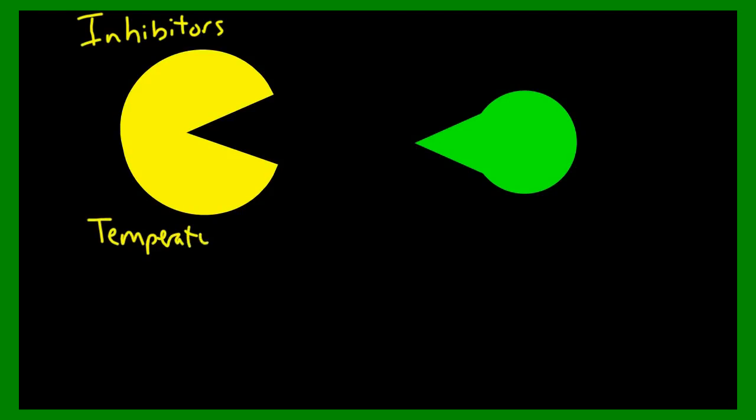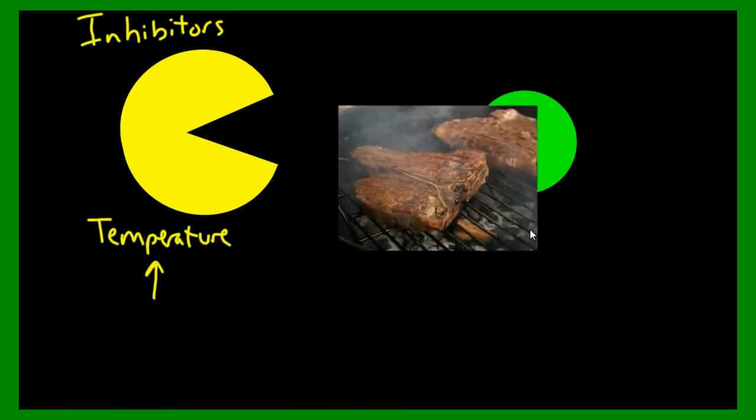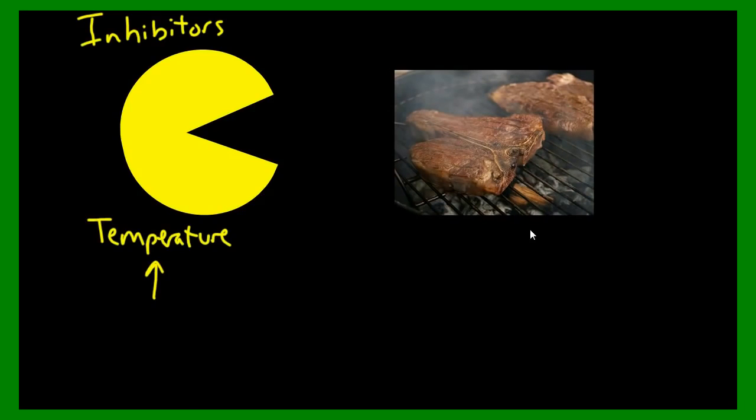If you remember, enzymes are part of the biological macromolecule class of proteins. If you increase the temperature too much, enzymes don't work. In fact, what happens is you'd end up with a steak. If you increase the temperature, your enzyme becomes cooked like a steak. It doesn't literally become a steak, but it gets cooked like a steak. And this enzyme no longer functions when the temperature changes.